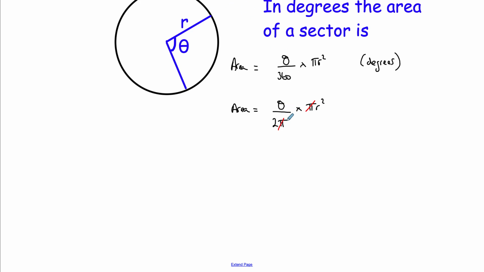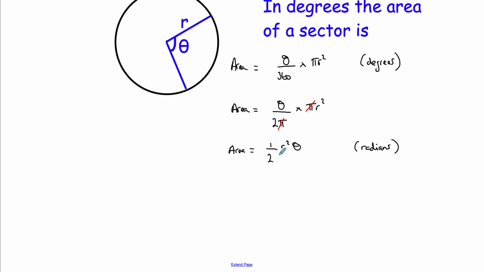So we've got theta over 2 times r squared. That's usually written as a half, so the half first, then r squared theta. So the area of a sector when working in radians is just a half r squared theta.